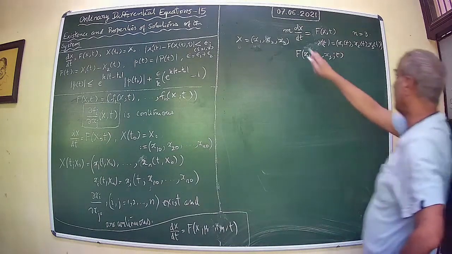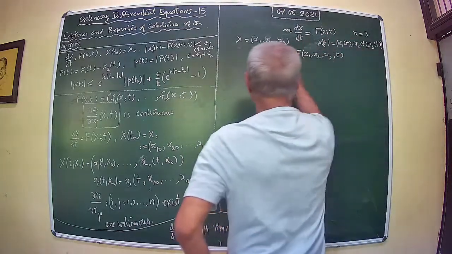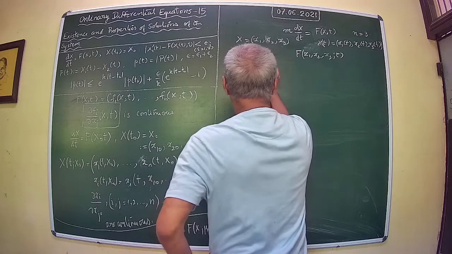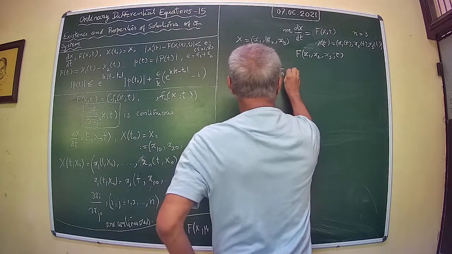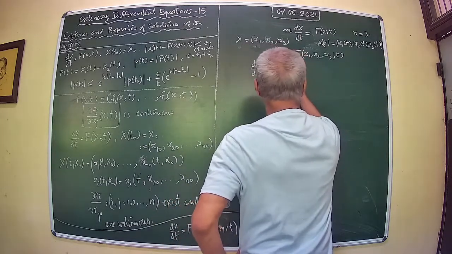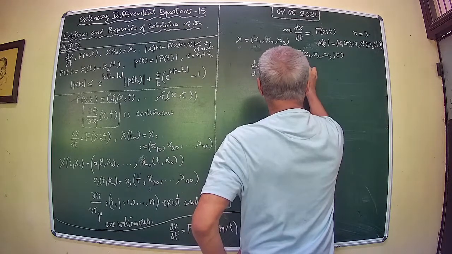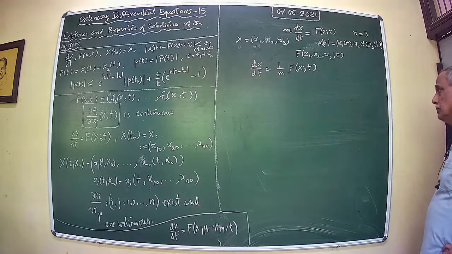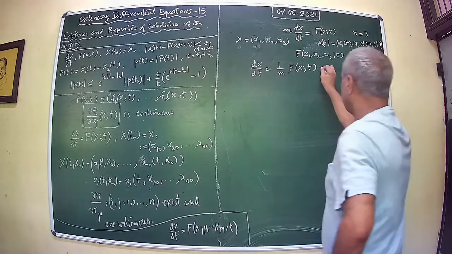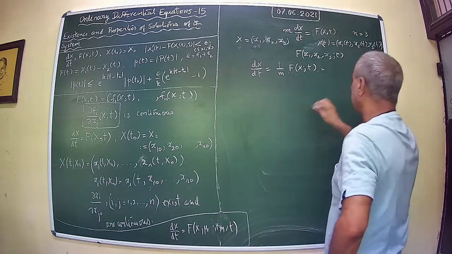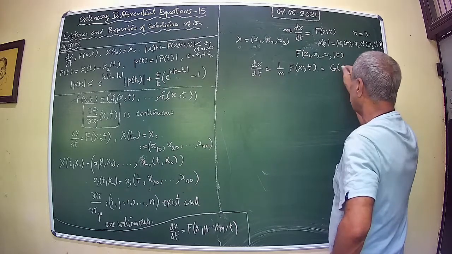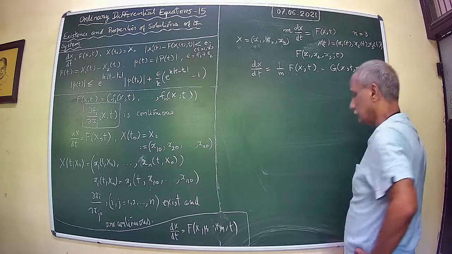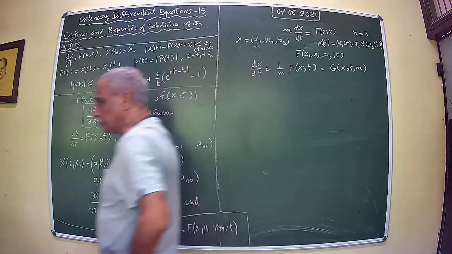Now suppose you have an equation like this, then you can redefine it and get it in the form 1 upon m, something like this, and you can get this inside f and write this as g(x, t, m). So m becomes a parameter.